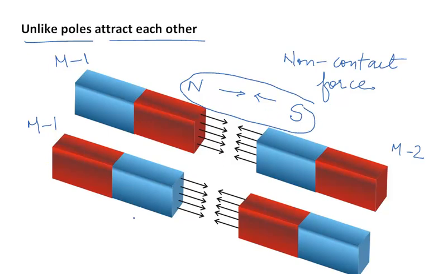Now if you reverse the polarity, you bring south here and north of magnet 2 here, they will again be attracted only. So it does not matter how you orient them. The only thing is that if unlike poles of two different magnets are there, they will be attracted, and this force of attraction is a non-contact type of force.